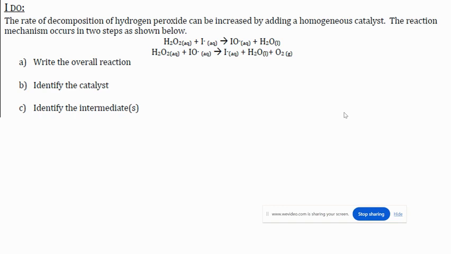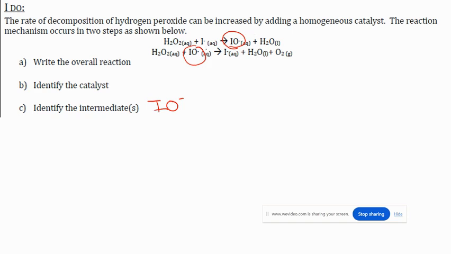All right, let's look at and try to identify some stuff here. What is this called? It appears here and here. That is your intermediate, yes. Okay. I don't have any other intermediates. I just have that one.